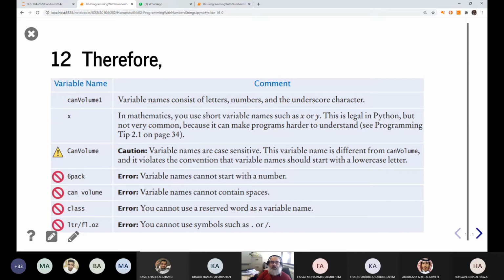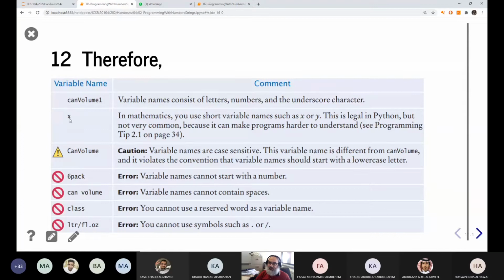So let's go back to the ones that we have seen, and let's see the proper variable names. Do they follow the good convention or not? For example, this one, does it follow the good convention? Yes, it does. It starts with a small letter, and subsequent words start with a capital letter. What about this?